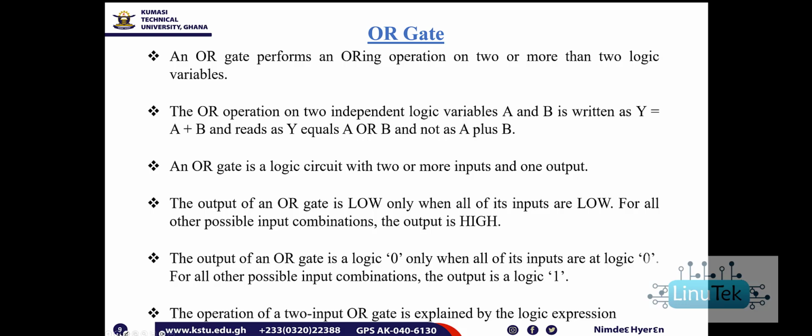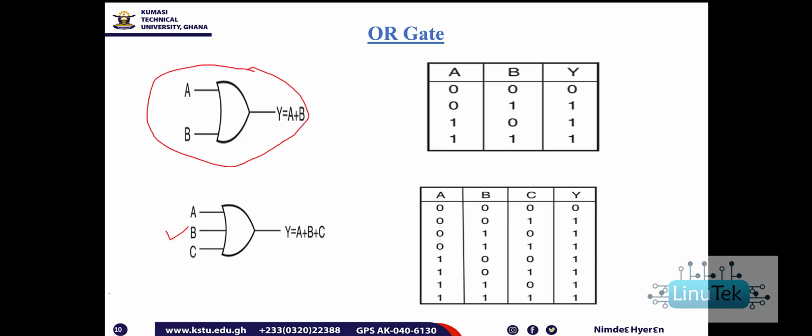So let's take this truth table for instance, where we have A and B as the inputs to the logic gate, where we have an output A or B. What we're basically trying to say is that the only time you would find the output of an OR gate being 0 or off or low or false is when the inputs are both 0.